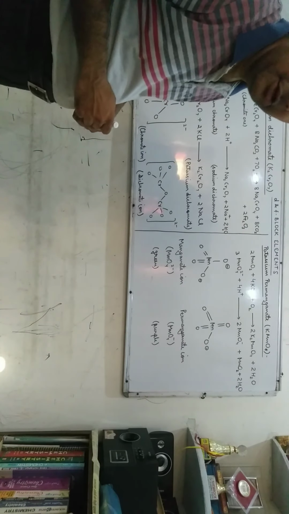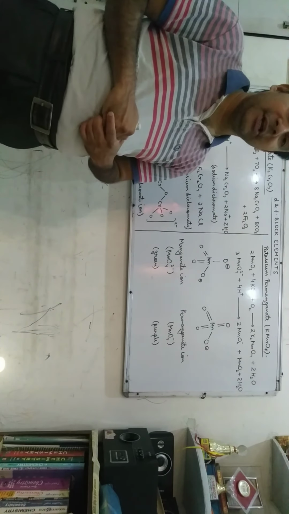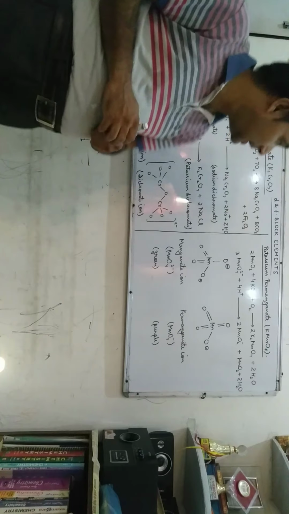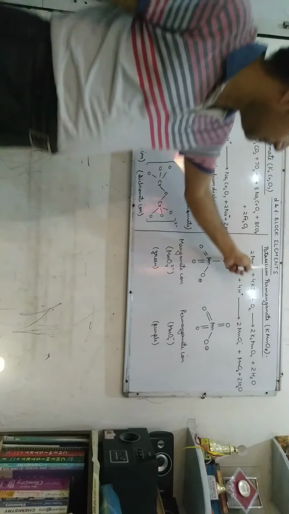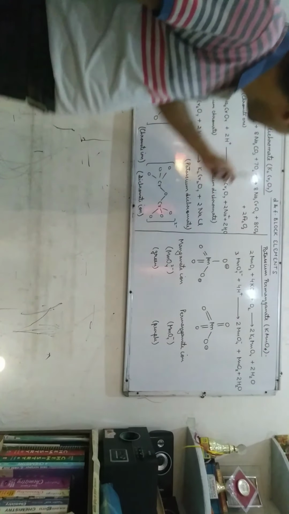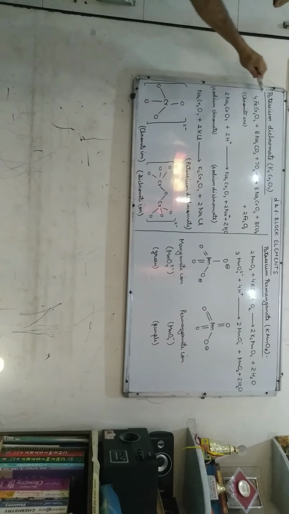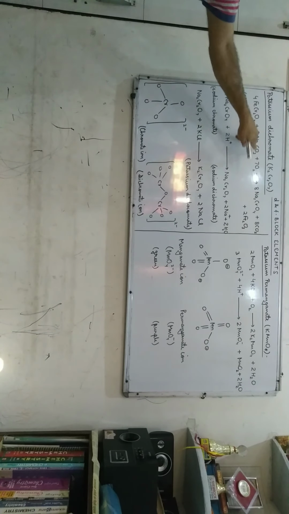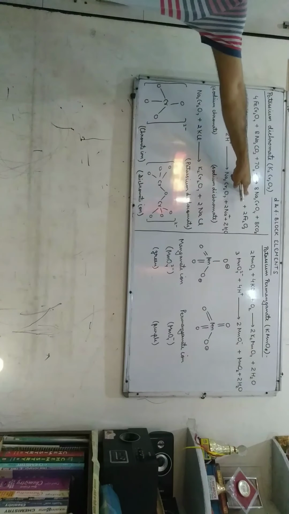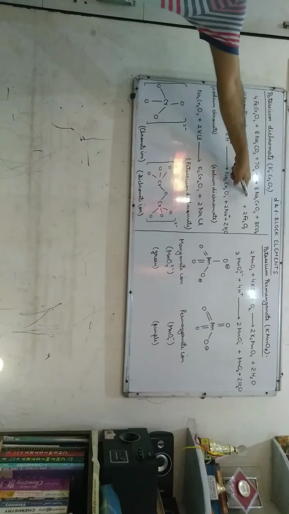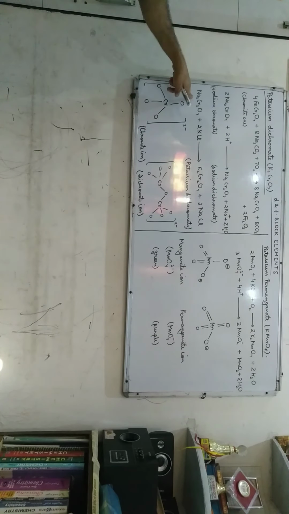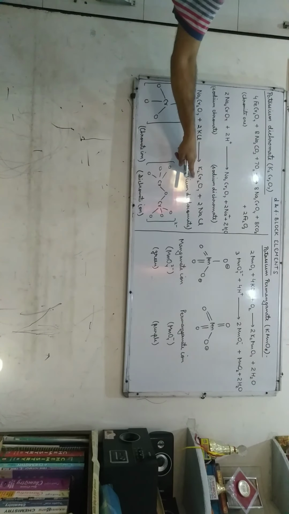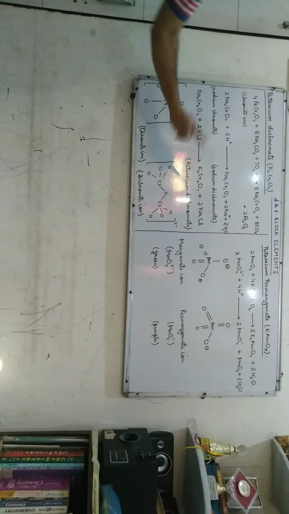I repeat it again. Two most important chemicals are potassium dichromate K2Cr2O7 and potassium permanganate KMnO4. Potassium dichromate is prepared in 3 steps. In the first step, chromite ore is treated with sodium carbonate in excess of air to convert it into sodium chromate, which is a yellow color solution, which on acidification gives sodium dichromate. Sodium dichromate on treating with KCl gives potassium dichromate, which is an orange color solid.